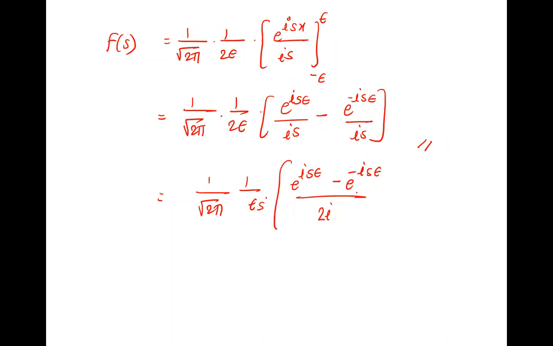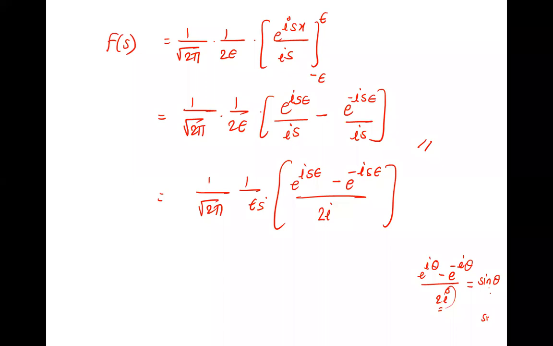Do you know this formula? e raised to i theta minus e raised to minus i theta upon 2i. What is that? Sin theta. If there are i's, it is sin theta.